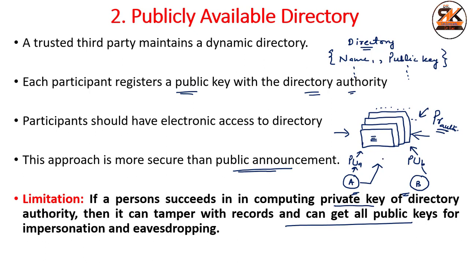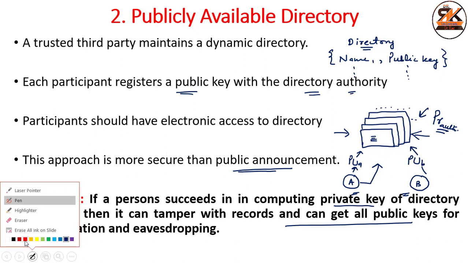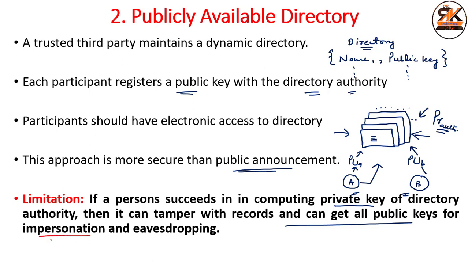In future the attacker will use all those keys either for impersonation or for eavesdropping, that is, listening to the communication, or for impersonating, that is, behaving on behalf of somebody else. So that is the limitation of this particular technique, which is the publicly available directory.